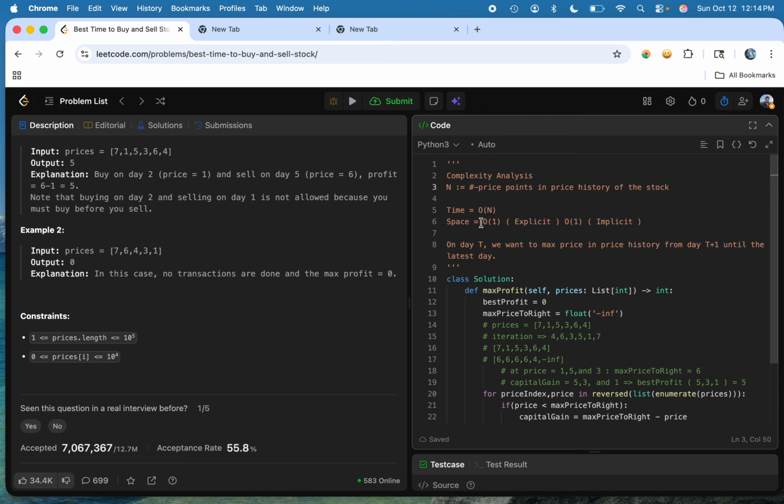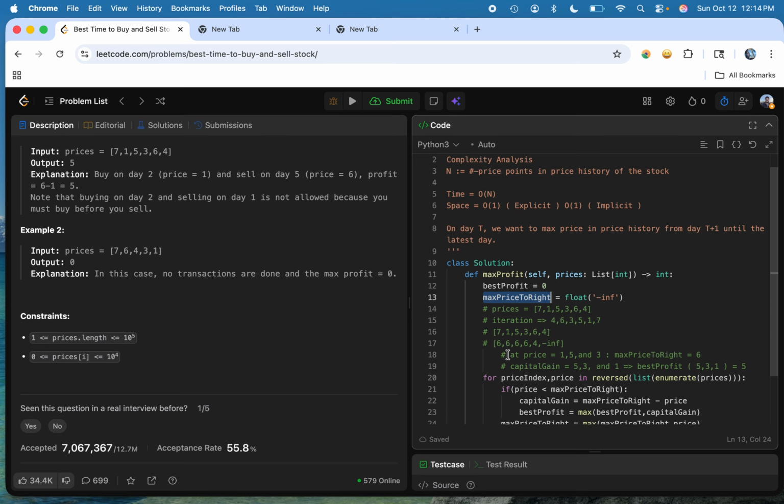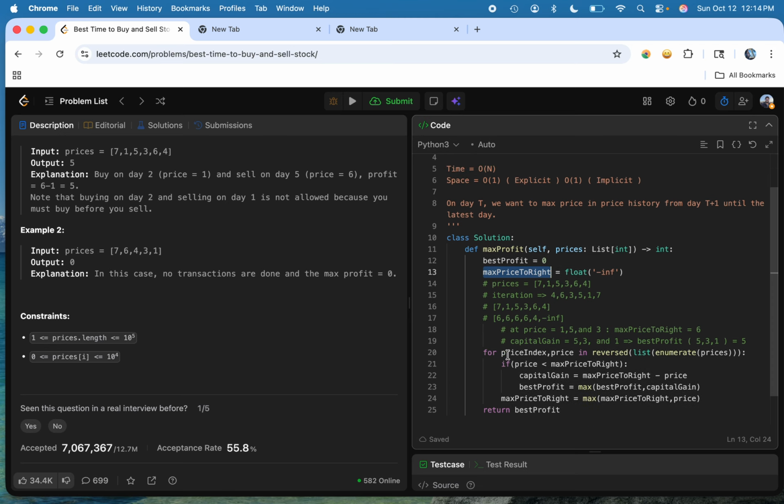Additionally, the space complexity for this problem is reasonable, because whether it's explicit space or implicit space, it's constant. The only space that's updated is the best profit, the max price to the right, and a couple of other locally scoped variables. Additionally, there is no implicit call stack space because the method is iterative. It is not recursive at all.